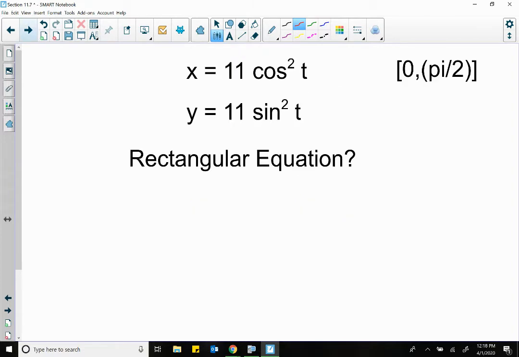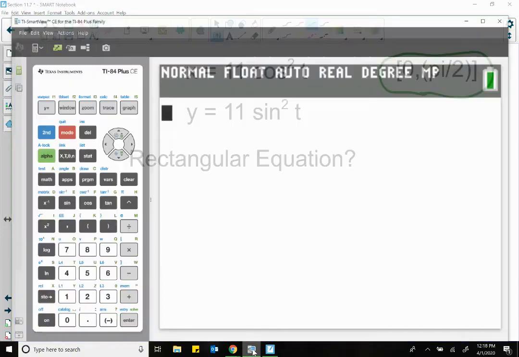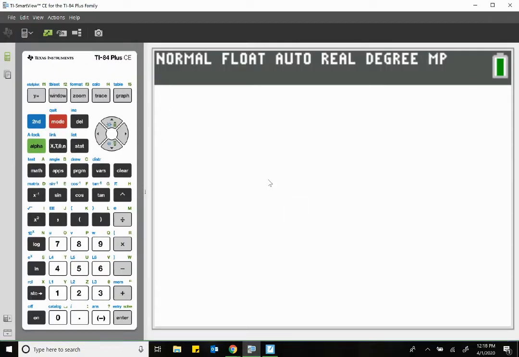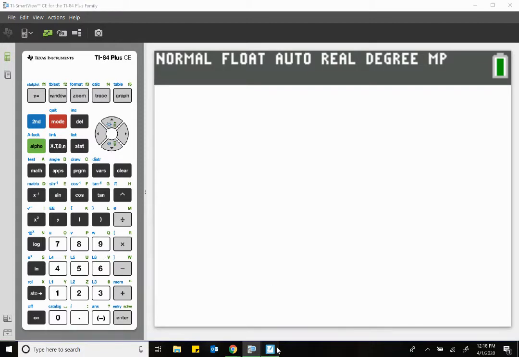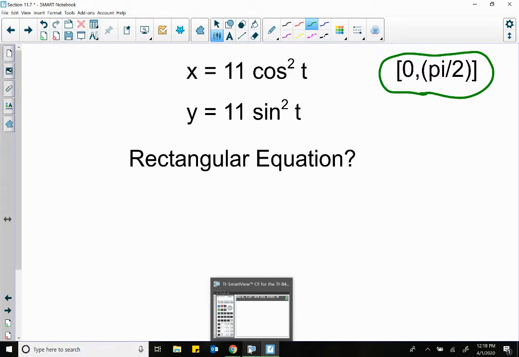All right, so for the rest of these, they're going to want you to graph and then tell us what the rectangular equation is. So this piece of information right here is for the graphing part. If we go into my calculator, we're looking at 0 to pi over 2, if I remember right. Let me make sure. Yes, pi over 2.